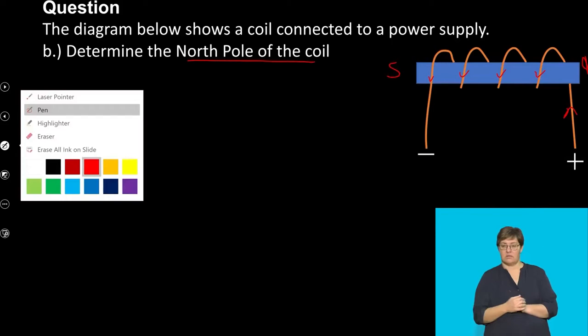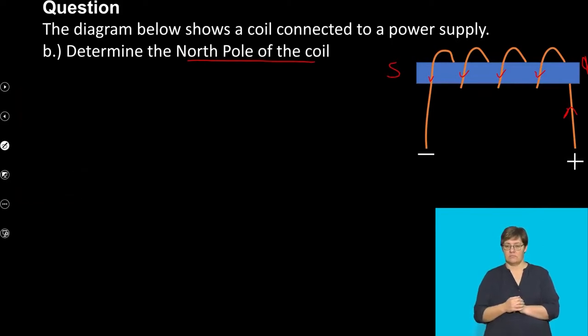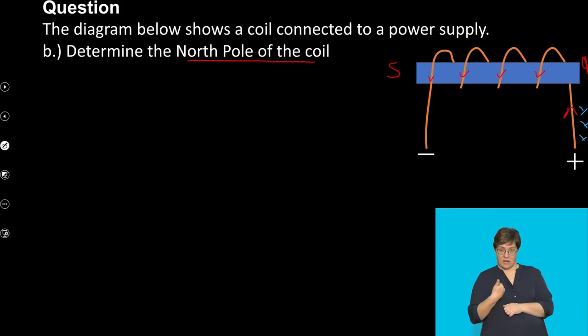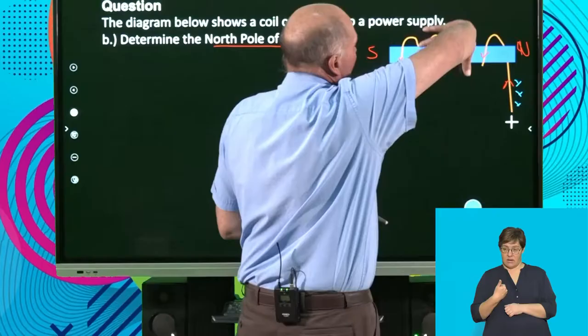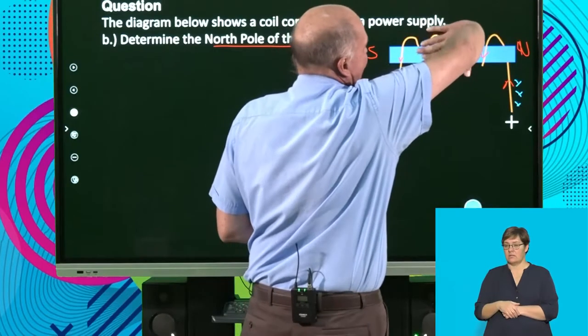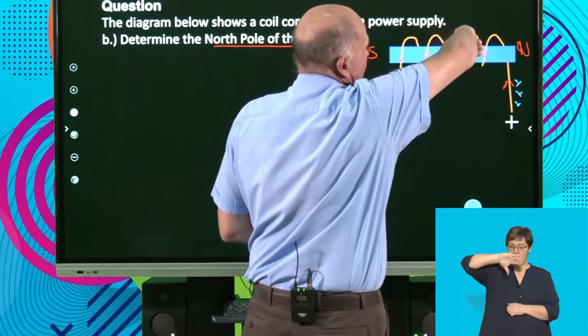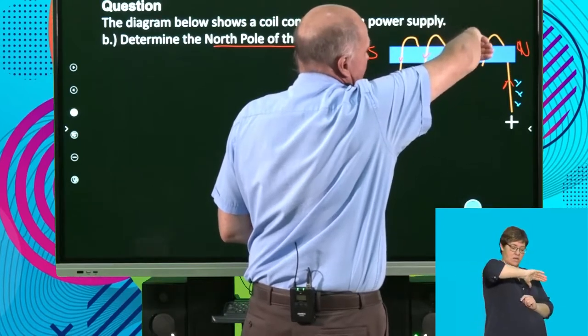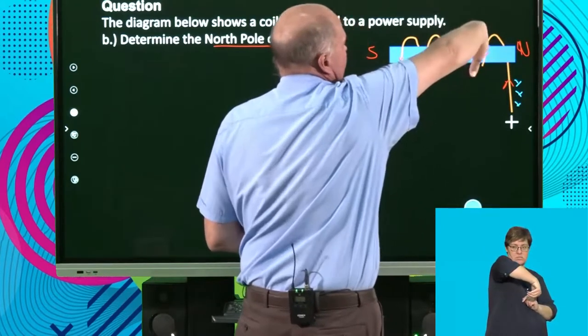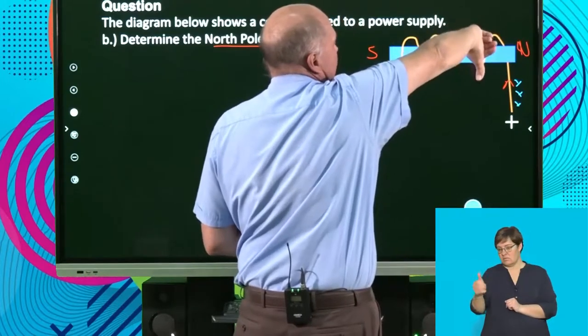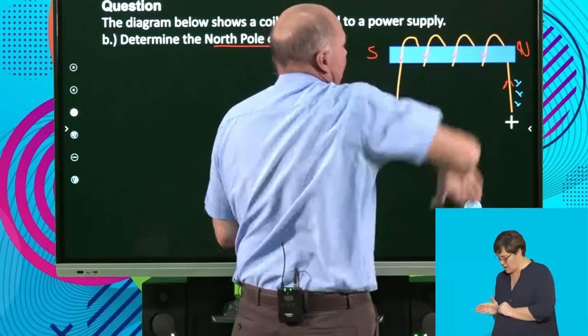So if I were to mark these field lines, I'd say they're going in at that point, around here. And that means that on this side, where the wire is coming down, the field lines are coming out. So if you look, there it's going down, one piece of wire, the field lines are coming out.